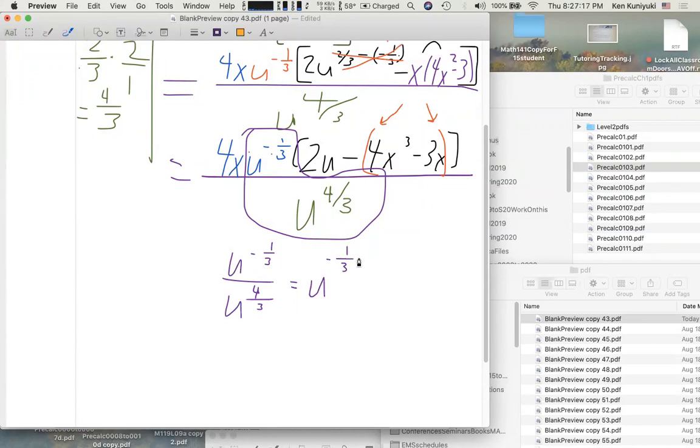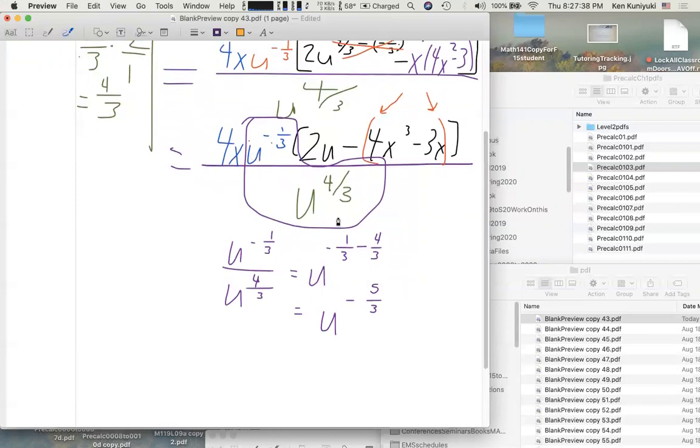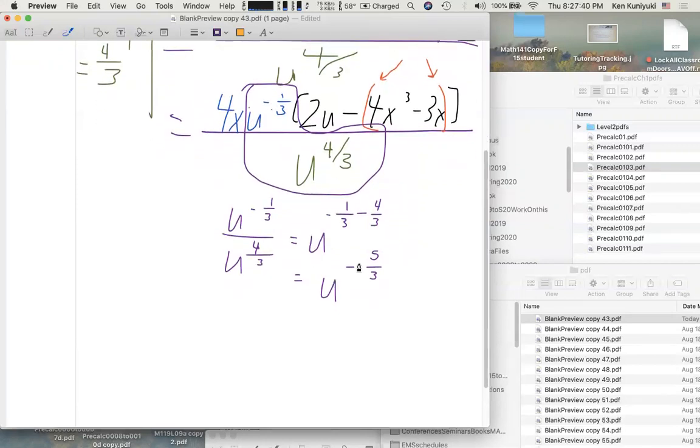In order, -1/3 minus 4/3. Don't switch because you feel like it. It's the top exponent minus the bottom. -1/3 minus 4/3. What is that? That's u to the what? -5/3. You all agree? I divide this guy in blue, divided by this guy in green. All right. So that's u to the -5/3.